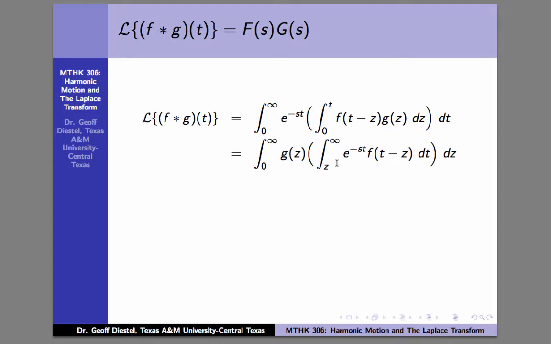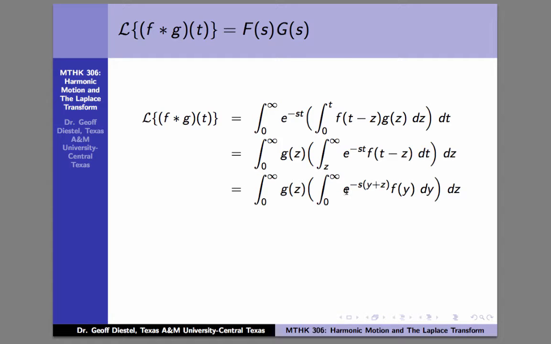And then the last thing we change is the limits of integration. If y equals t minus z, then when t is z, y is 0. And when t is infinity, y is infinity. So the substitution just makes our expression now look like this. And now we've got two integrals where they're both from 0 to infinity.